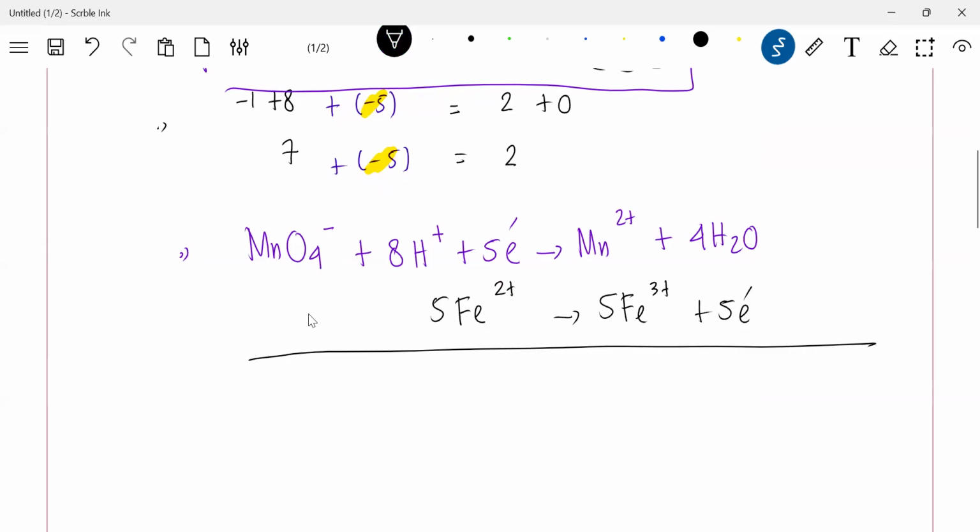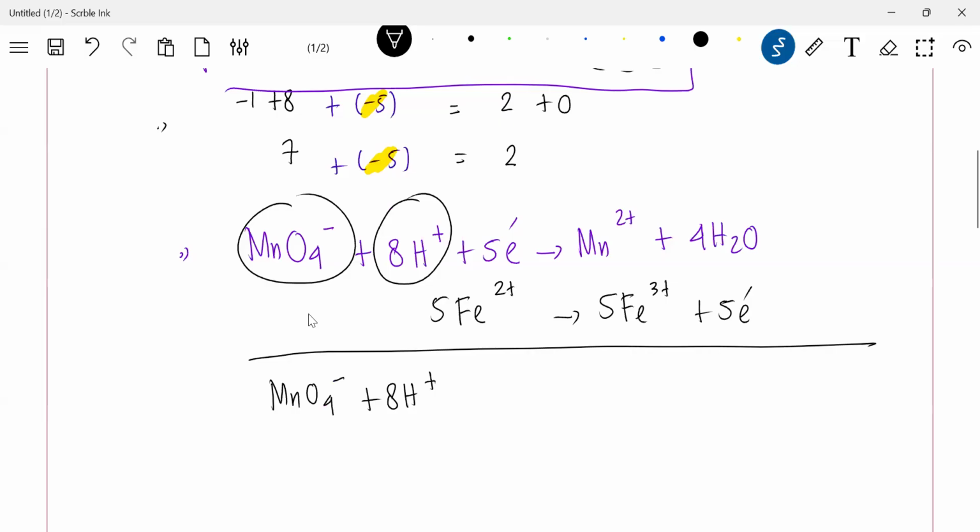So we combine it together. We copy and move down the MnO4 negative, plus 8 H positive. And then what else?